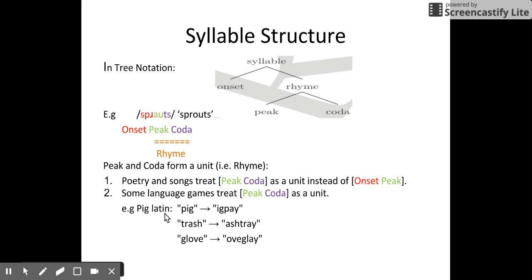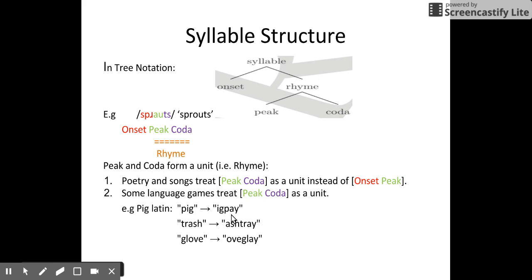For example, Pig Latin. Pig Latin is where we remove the second part of the word and move it to the initial position of the word. Okay, so I'm using part as a very vague word, but here the part turns out to be the rhyme.